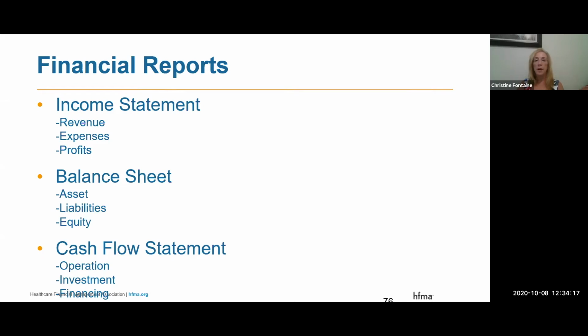Keep in mind that most hospitals operate on a very razor-thin margin, now even more than ever, and unfortunately this is evidenced very sadly by the number of hospitals closing their doors. I am going to encourage you all to make sure we understand the differences of these financial reports as you go through your training and get ready to take your assessment.